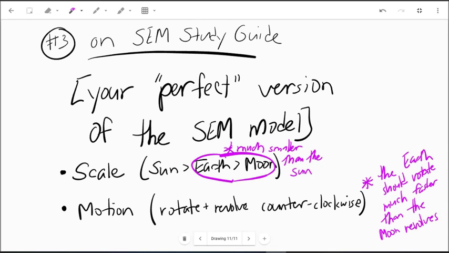Does everything rotate counterclockwise? 99.99999% of the solar system is going to revolve counterclockwise. When we start talking about the solar system after our test, you'll find that one object that doesn't do that. No, it is not Planet 7. That just has a tilt in its axis. There you go. Hayden knows the object.